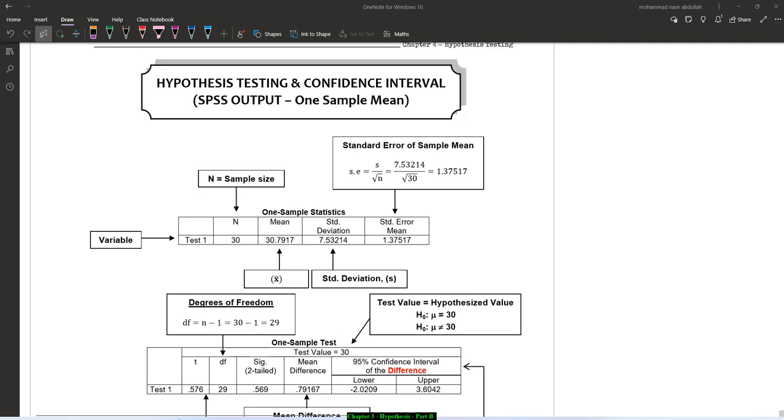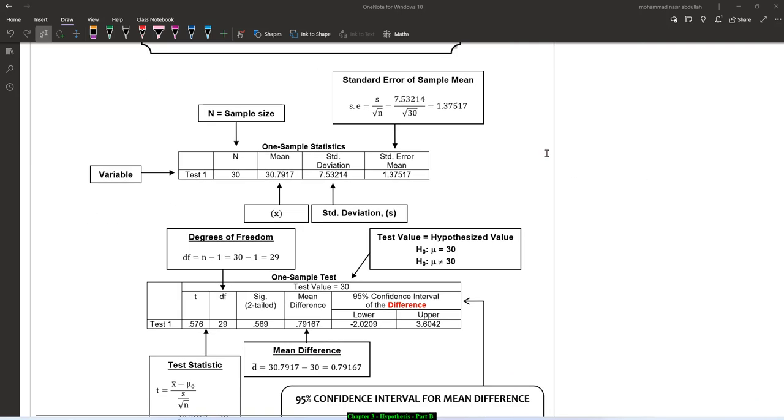So I hope you already have your SPSS software on your machine. Let me show you and explain the output. Basically, this is all the SPSS output. The new SPSS output has another column, which is the significant one-tail test.